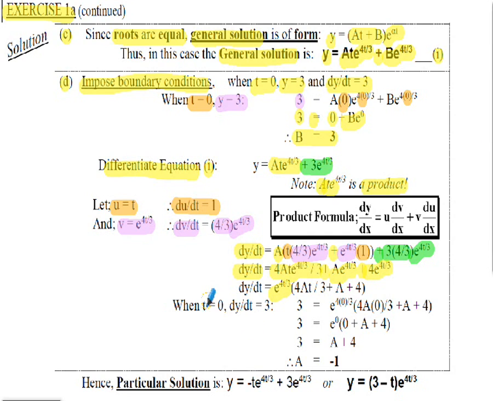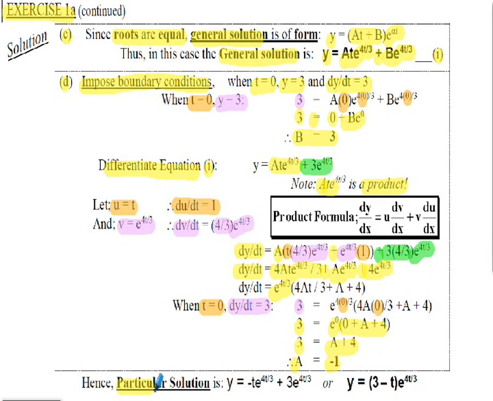We know that when t is equal to 0, dy by dt is equal to 3. So placing the 0 wherever we have a t on the right hand side, and on the left hand side that equals 3, our equation becomes 3 is equal to e to the 0, in brackets 0 plus a plus 4. So 3 is equal to a plus 4, so rearranging, a is equal to negative 1.